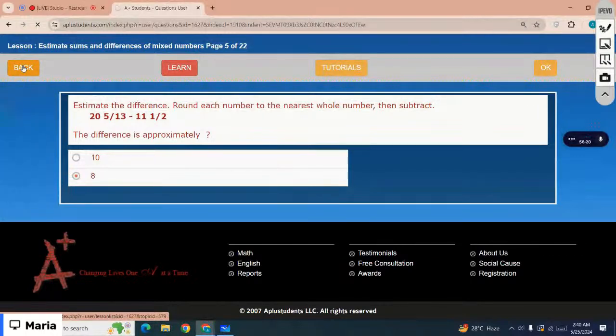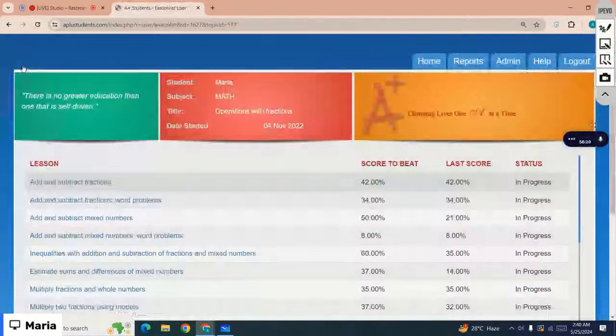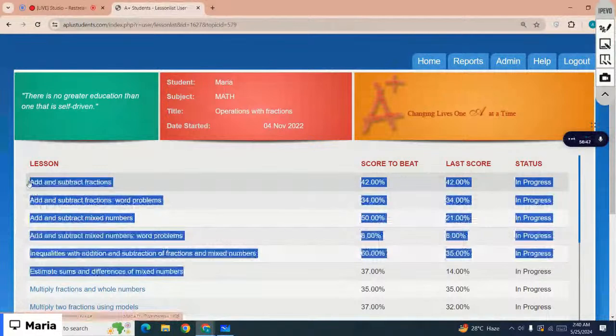So we were working on grade 8 math. The chapter we were working on is operations and fractions, and the lessons we have covered today are add and subtract fractions, add and subtract mixed numbers, inequalities with addition and subtraction of fractions and mixed numbers, and estimate sums and differences of mixed numbers.